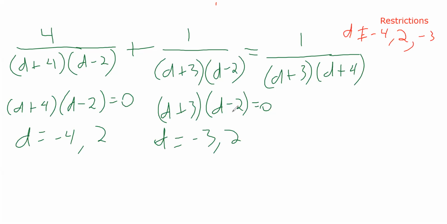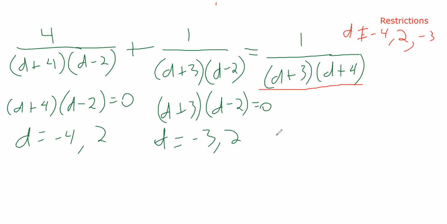And wait a minute, look over here at this last one. We have to set every denominator equal to 0, technically speaking. But look, the d plus 3 would just give us a d value of -3, which has already been taken care of. d plus 4 would give us a d value of -4, but it's already been taken care of. So yeah, technically we should do it, but if you just see the pattern there, we don't have to worry about it.